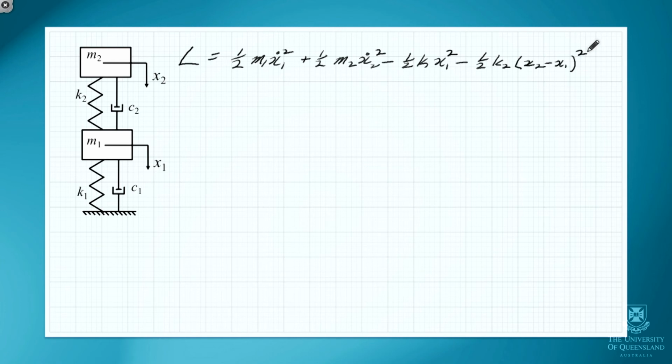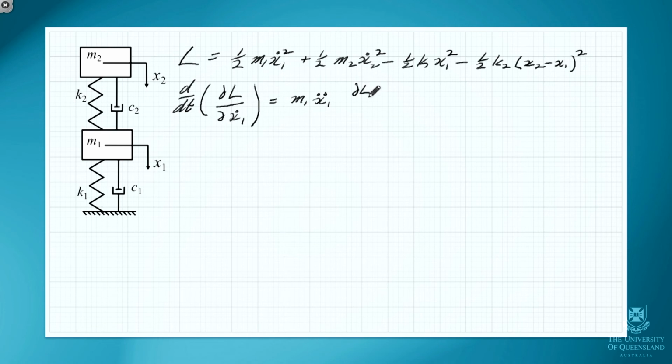So now we can differentiate with respect to either x1 or x2. Starting with x1, we take d/dt of dL/d x1 dot. And this time it's obvious we just get the first mass there as the mass times acceleration.